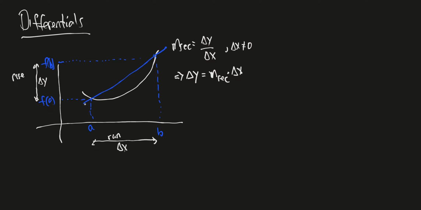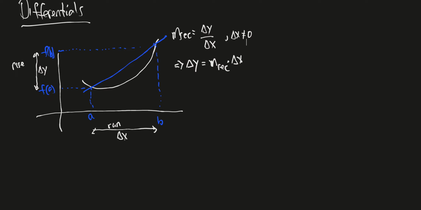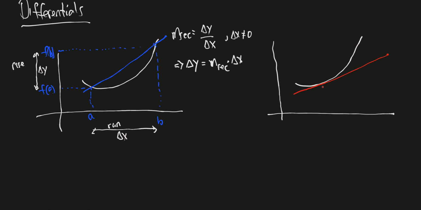Well, if I can do this with the secant line, why can't I do it with the tangent line? Well, that's where it becomes a little more conceptual. But let's try to mimic this, right? So if I have my graph, and now for the tangent line, let's say I put the tangent line right here, like that.